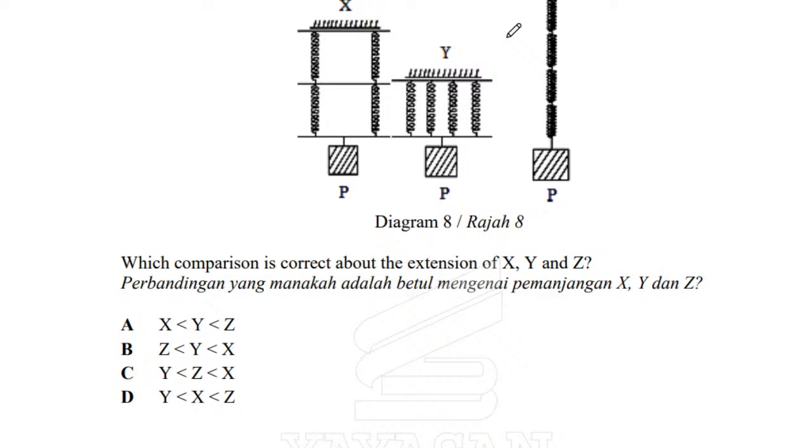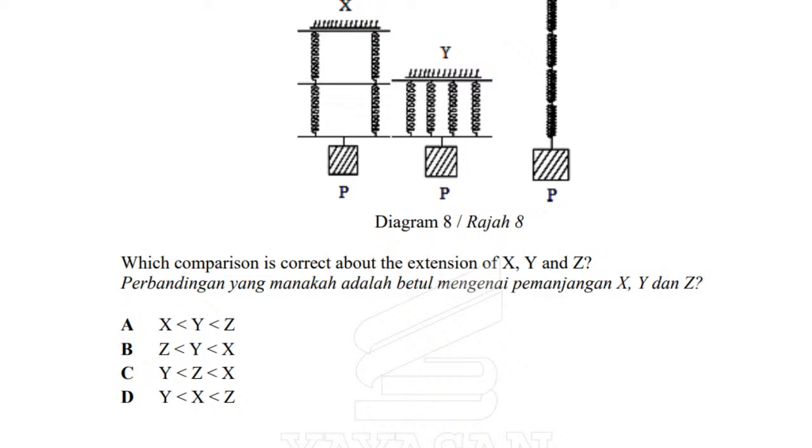Z followed by X, then Y. So the answer, which one is that? A, B, C, D. Is it D? Yeah, all of you get D, right? Ira, Natasha, Vincent, Angeline, Jason, Genesis. Oh, everyone says D. Yes, the answer is D.